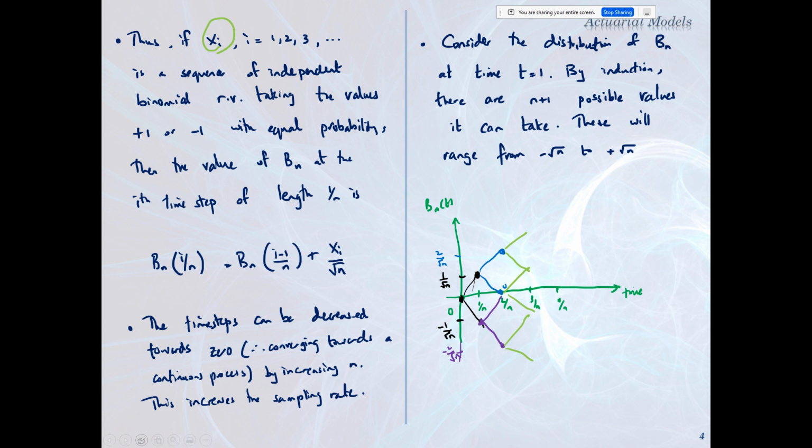Okay, so to be more precise here, I will say that this is Bernoulli. So your xi may be either plus 1 or minus 1, plus 1 with probability half, minus 1 with probability half. This is what is said here.